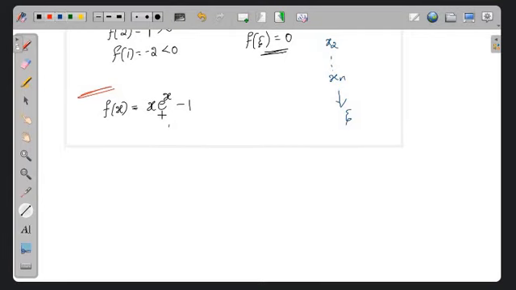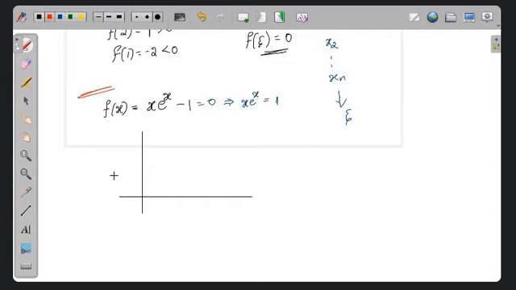So now what I'll do is, instead of finding it that way, it is the same as finding a point at which this is equal to 0. So this implies x into e power x, we wanted this to be equal to 1.